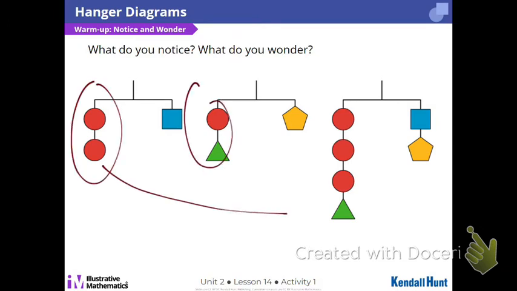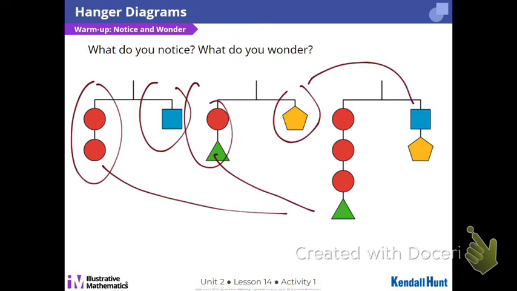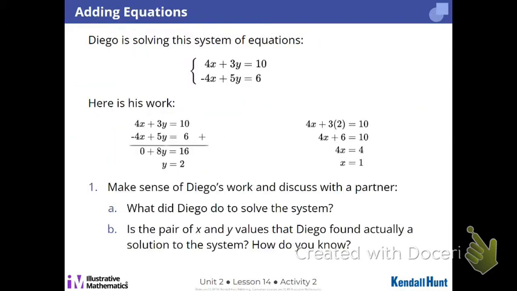If you add these together and add these together, still true. So again, the big idea we're looking to establish here with Diego so far, it looks like if I add two lines together, the result is true. What's interesting about this one is when he added together, there was something that could cancel.